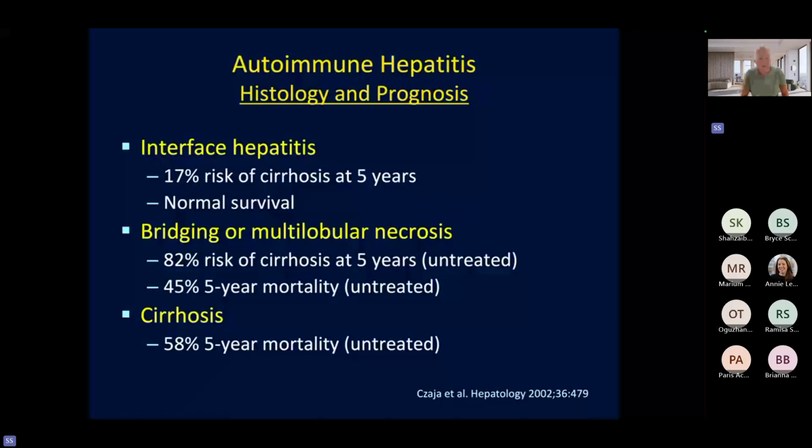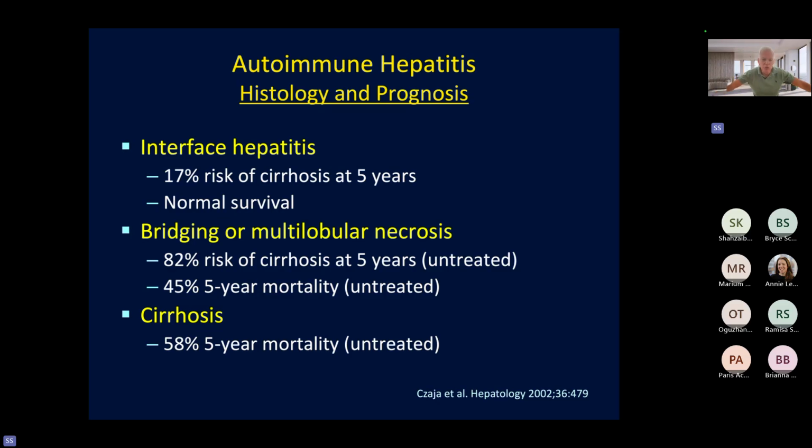Those patients who already have piecemeal necrosis or interface hepatitis will have a 17% risk of cirrhosis at 5 years. And if it doesn't go beyond this, they may have a normal survival if they don't develop cirrhosis, obviously. The bridging or multilobular necrosis patients will have an 82% risk of cirrhosis at 5 years untreated, with a 45% 5-year mortality.